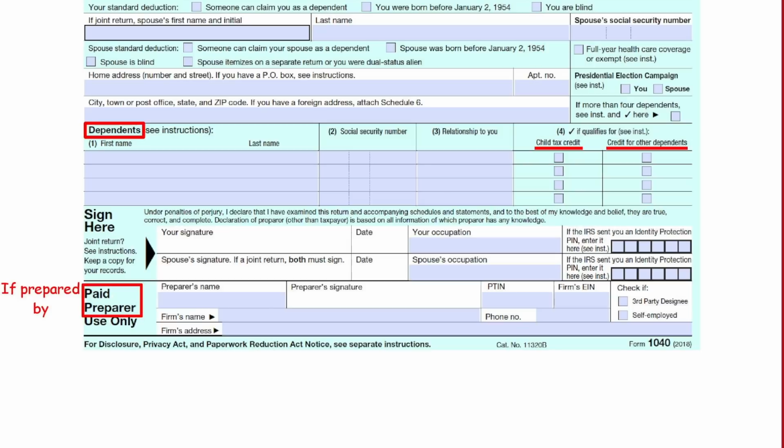So if the individual or the couple gets a CPA or a tax preparer to prepare the tax return, that's where the CPA or the tax preparer signs. Or if you, the CPA, you, the tax preparer, are preparing somebody else's tax return, this is where you sign. So this is the section for paid preparers.